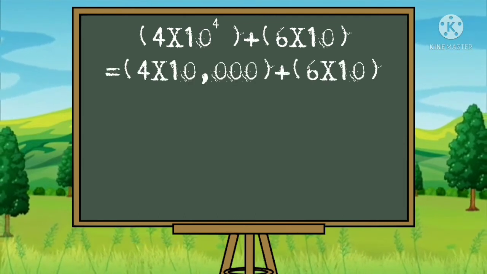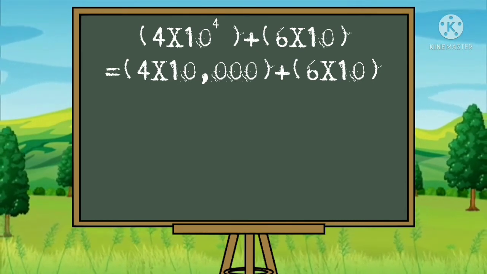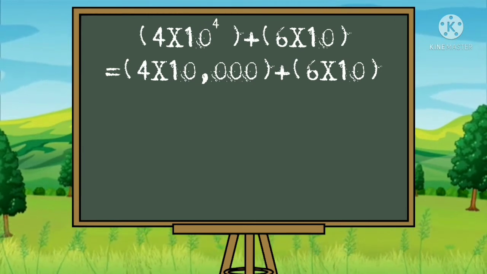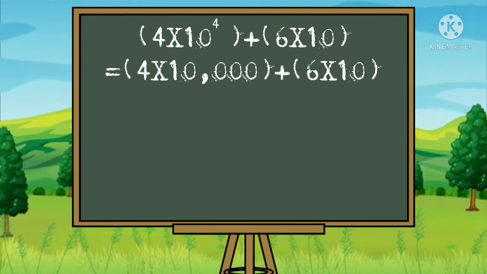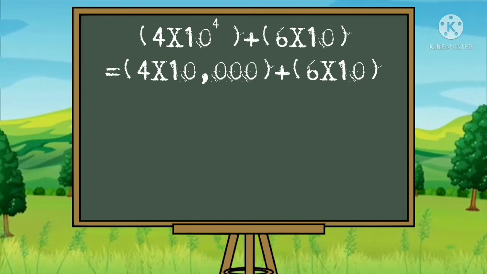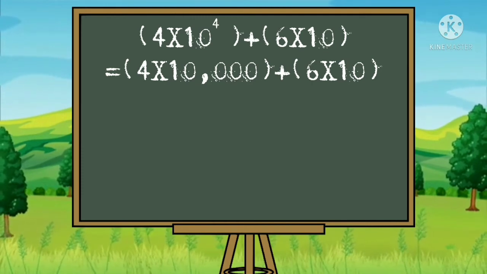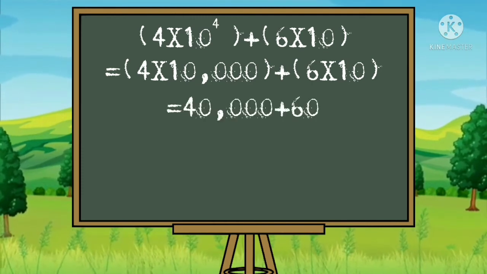Open parenthesis 4 times 10,000 and close parenthesis, and just copy the addition operation, then open parenthesis 6 times 10 and close parenthesis. Now 4 times 10,000. Alright, 4 times 10,000 we have 40,000.